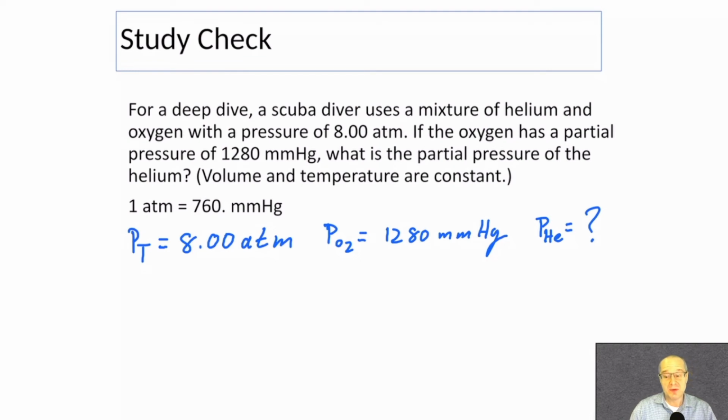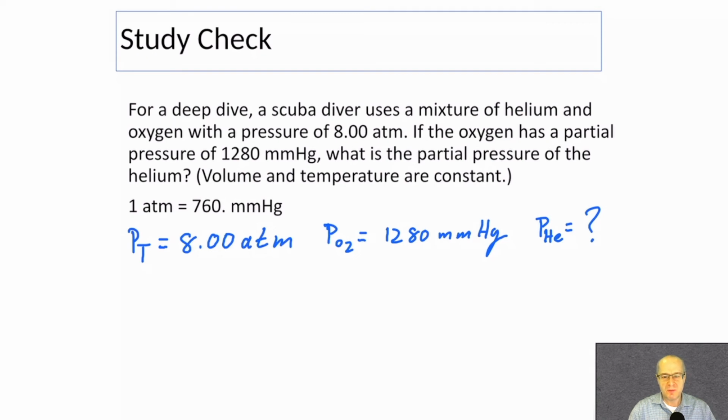Again, hardest part about this question is recognizing that you have to convert one of the pressure units. And what is the partial pressure of helium? It doesn't tell us how it wants the pressure reported, so we can do whatever we want. We can either convert atmospheres into millimeters or millimeters into atmospheres.